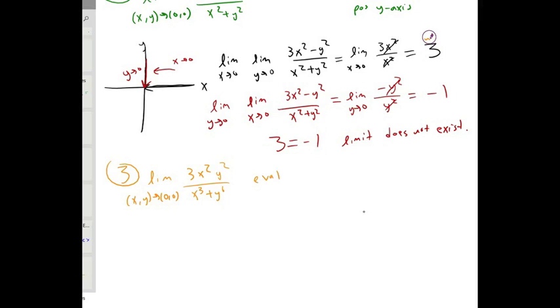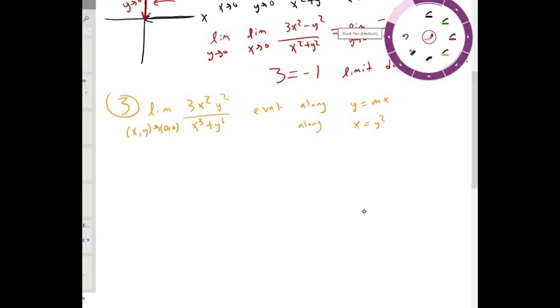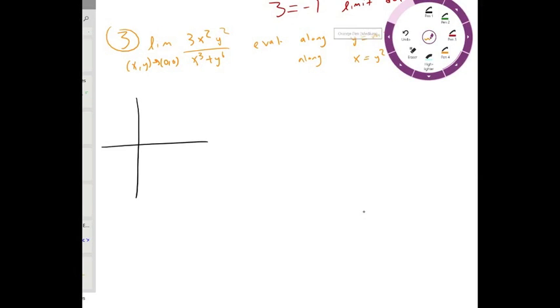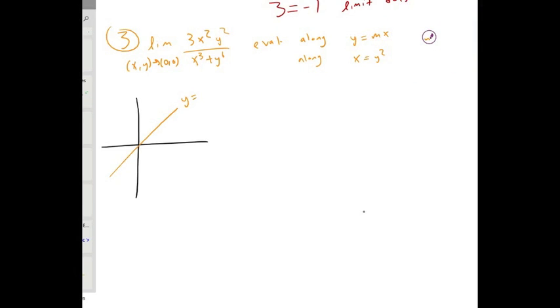And we're going to evaluate it along y equals mx, so any straight line, and along x equals y squared, so a parabola opening to the right. So I'll draw these. So this will be y equals mx. m is the slope of the line.